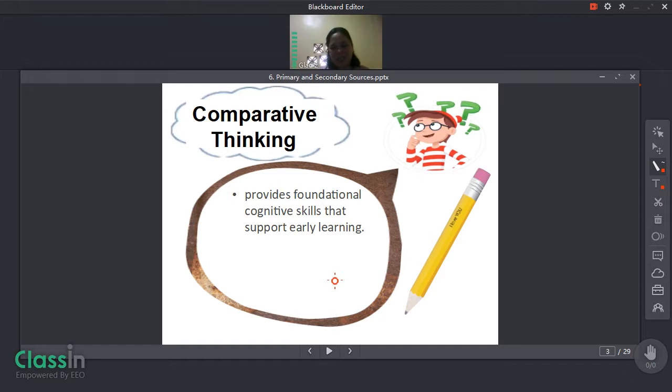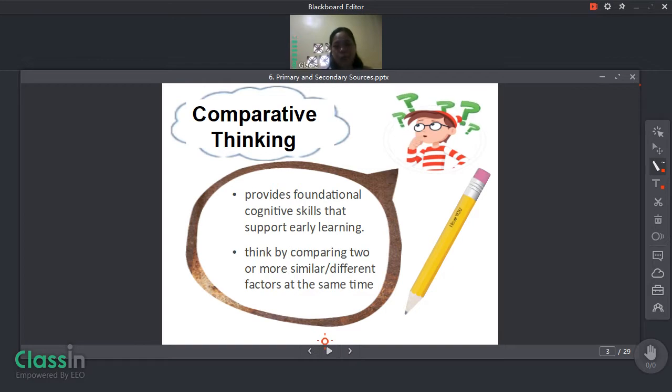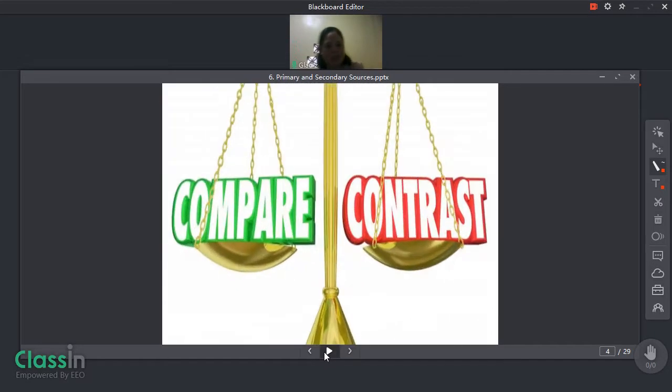Okay, and comparative thinking skills also means thinking by comparing two or more similar or different factors at the same time. So we are not only looking for the differences, but also the similarities. So when we are talking about comparative thinking skills, we cannot avoid these two words, which are compare and contrast.